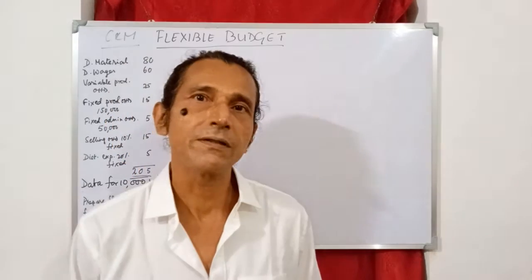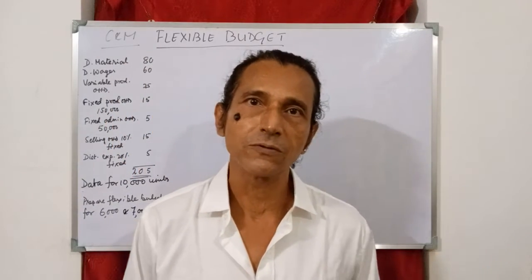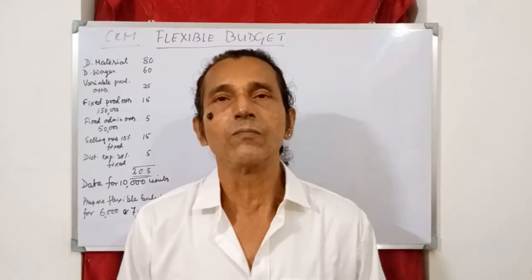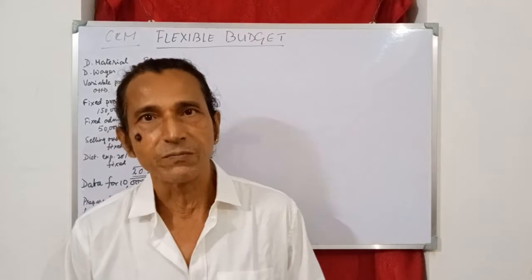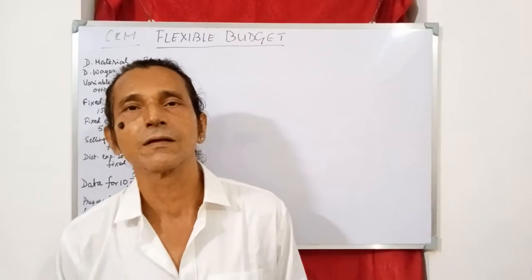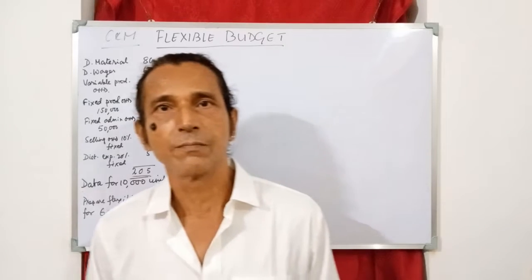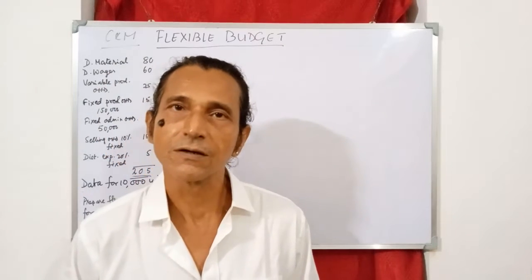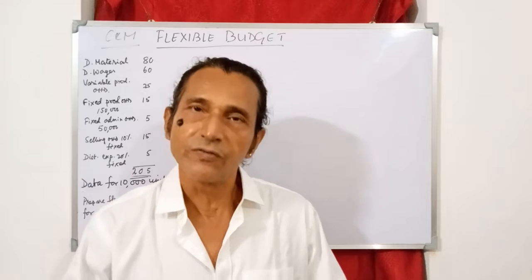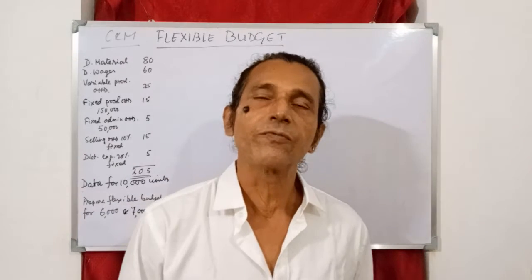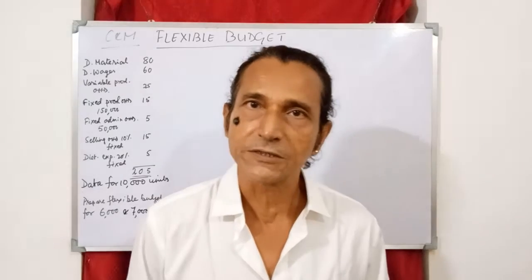And what can be the objective? The objective can be to determine the cost of production, cost of sales, volume of production, profitability, etc. So this is budget. Basically, budget is a blueprint of future activities, or it is a set of planned future activities.